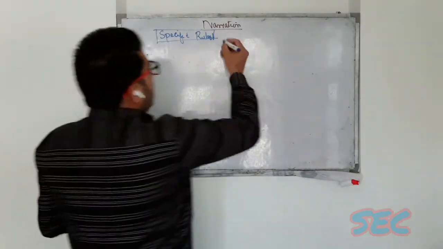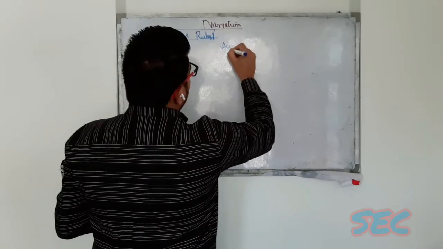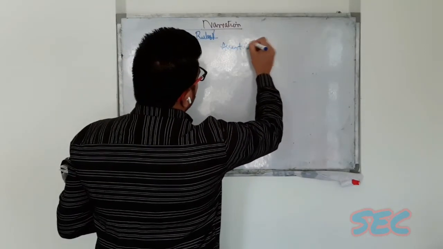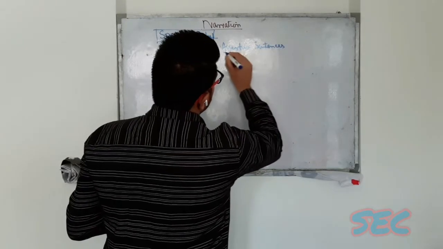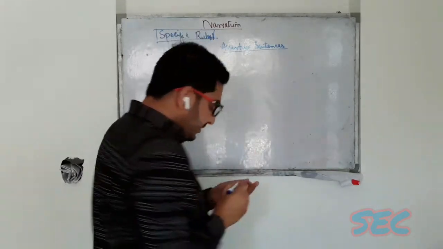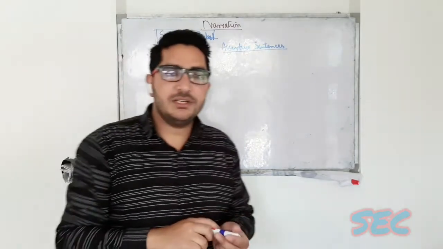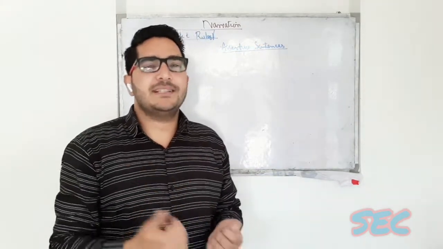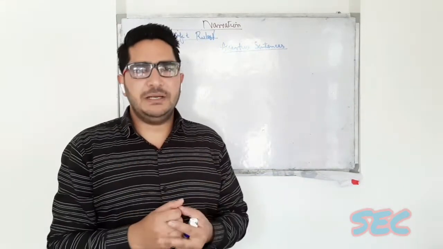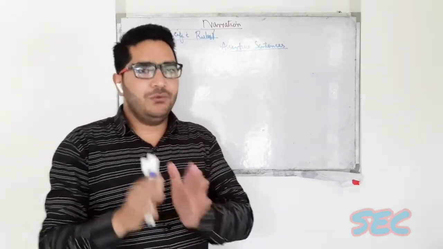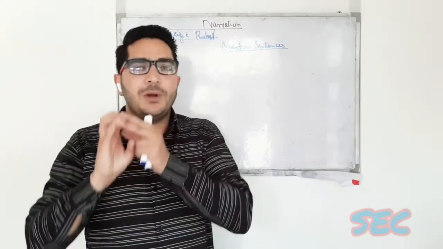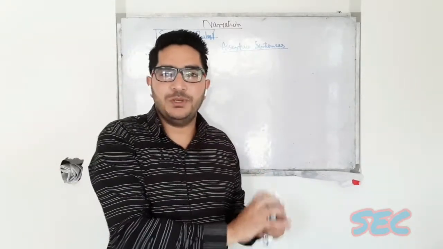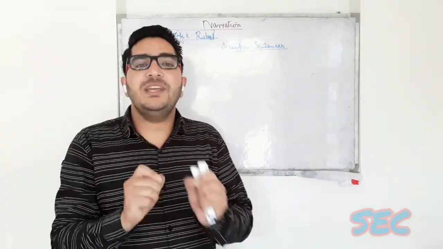So first, assertive sentences. Assertive sentences are those sentences which state something. Simply, they are statements. And we'll see when we change assertive sentences from direct speech into indirect speech, what rules we have to follow.